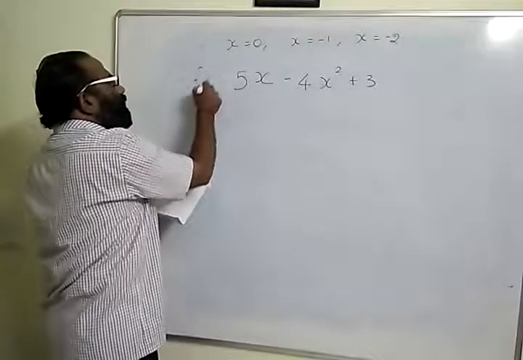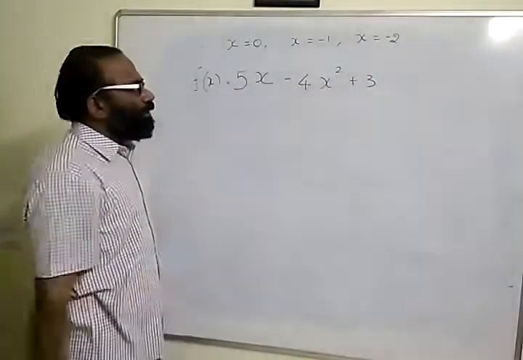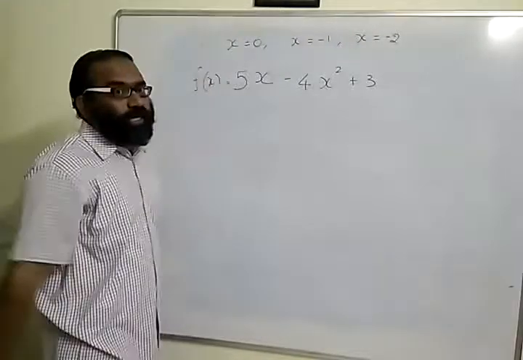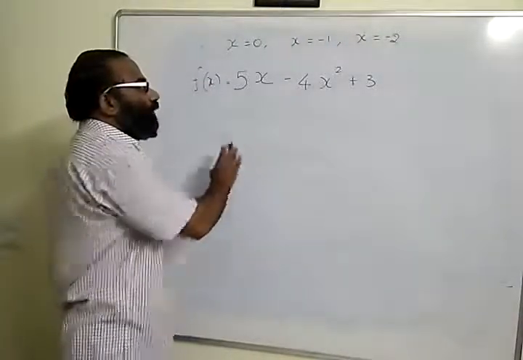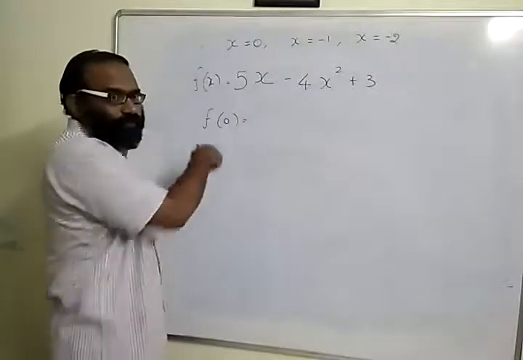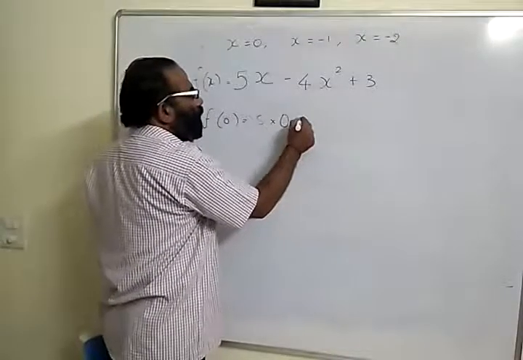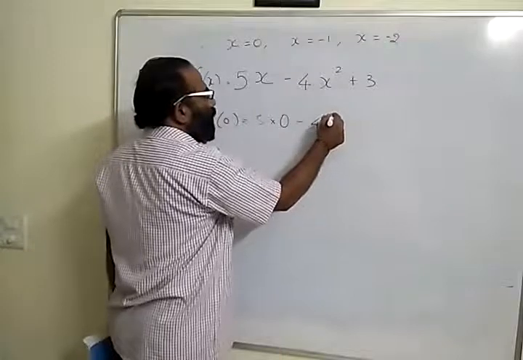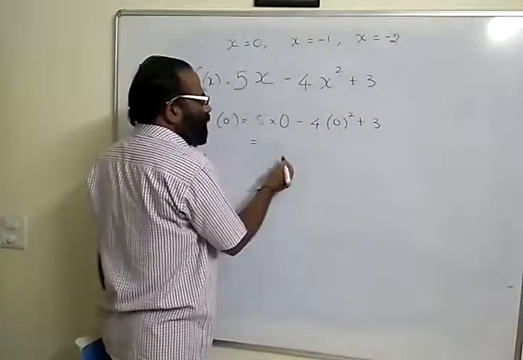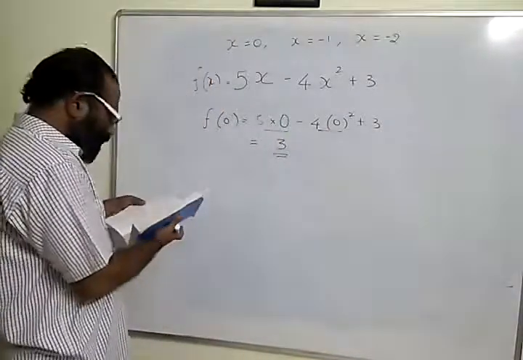So we will take this as f of x, and we have to find the value of this for each of those values. So f of 0: let's put the value of x as 0 in the first case. So 5 into 0 minus 4 into 0 squared plus 3. The answer would be 3 because this becomes 0 and this also becomes 0.